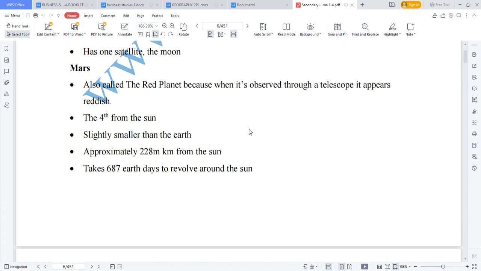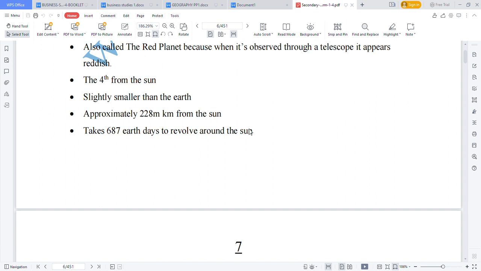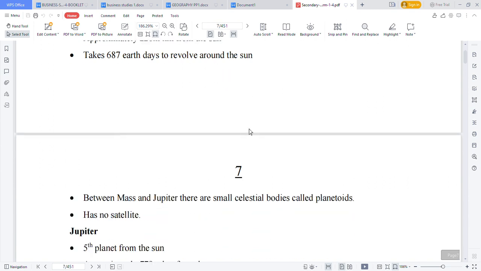Mars is also called the red planet because when observed through a telescope, it appears reddish. It is the fourth from the Sun, slightly smaller than the Earth, approximately 228 million kilometers from the Sun, and takes 687 Earth days to revolve around the Sun.